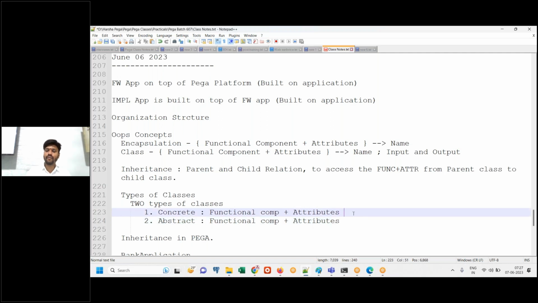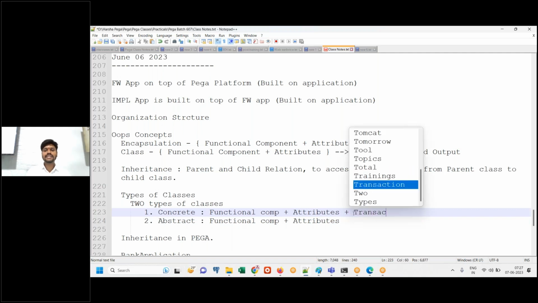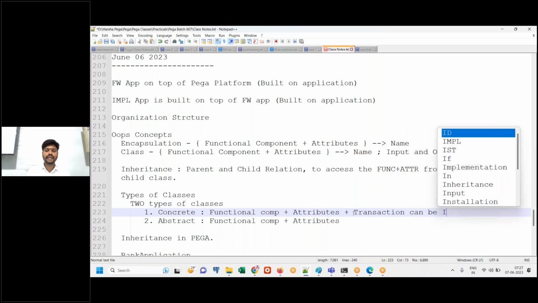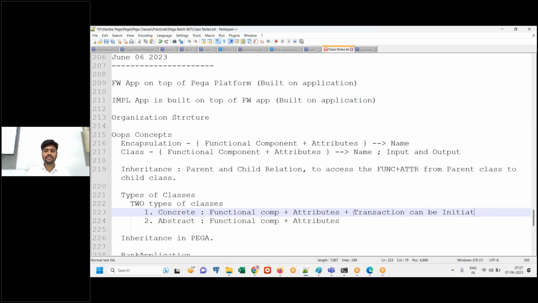A concrete class is the one where a transaction can be initiated. What is meant by initiated? Triggered. A triggering point should be there, right? So you have a laptop. How are you going to make it functional? Definitely it should be turned on. The triggering point should be there, something to turn it on.